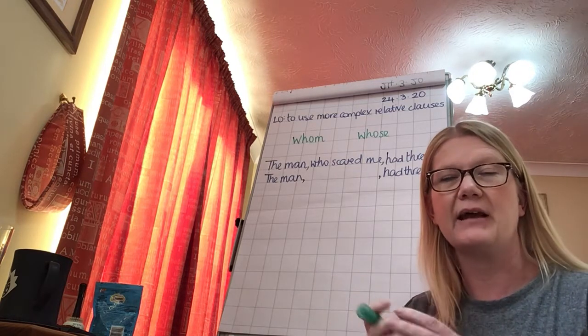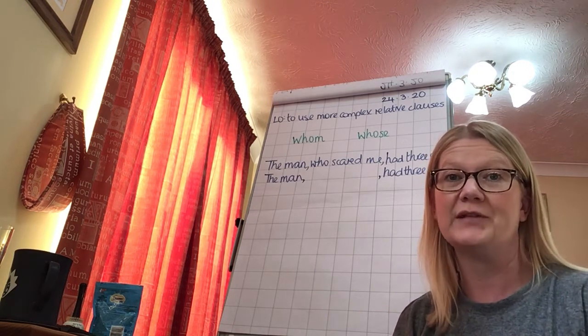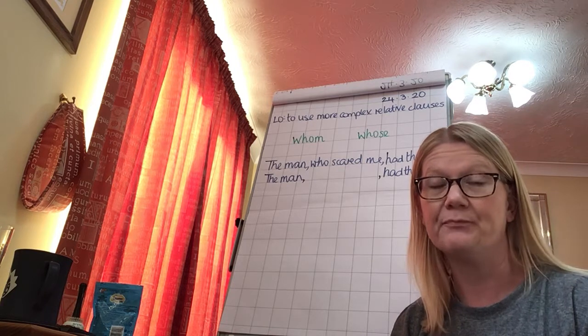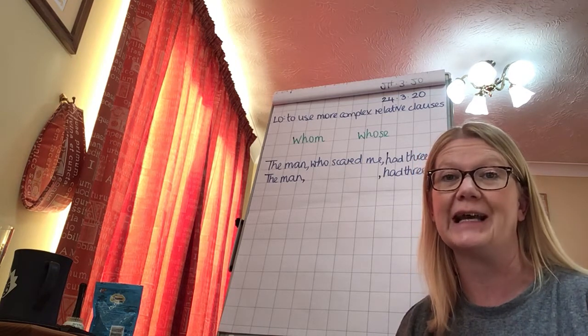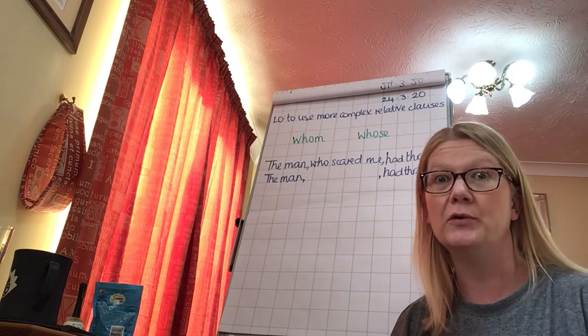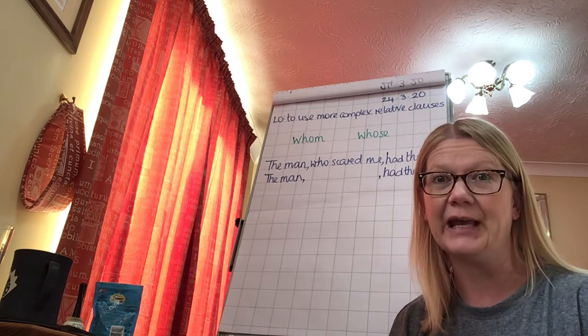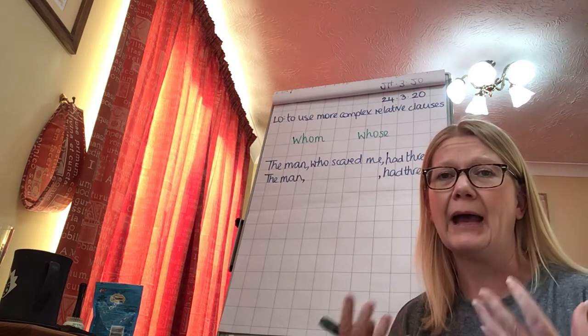So when that's the case, you would use whom. Now, we don't use it very often in everyday speech. Most of the time, people don't use it at all. But when you're writing, particularly if you're doing formal writing, that's when you would want to use it correctly. Okay? So, how am I going to do that?